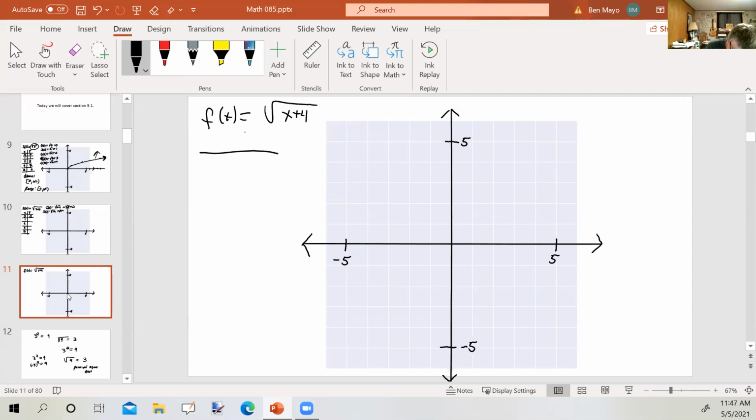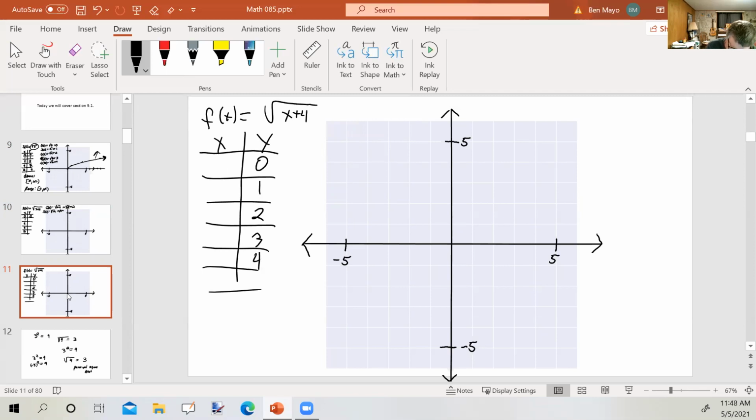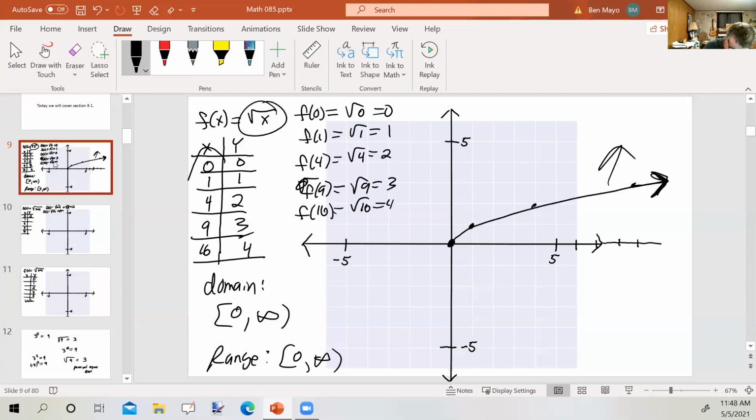If I want to have nice outputs, let's do it this way. Let's try to get the same outputs we had before, which was 0, 1, 2, 3, and 4. Since once I put x in, the next thing I'm going to do is add 4 to it, my x values could be smaller than these.